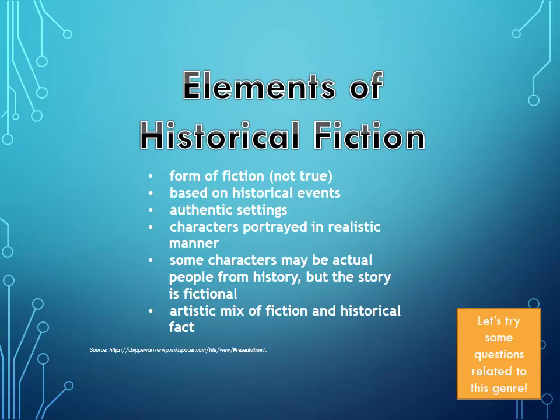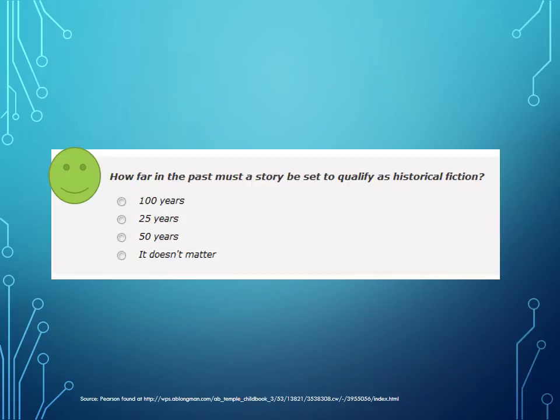For the most part, you're going to be applying your knowledge of fiction reading. The same applies in terms of plot, setting, characterization. All those still apply in this genre too. The main thing you want to know is that this sort of fiction is based on actual historical events or people.